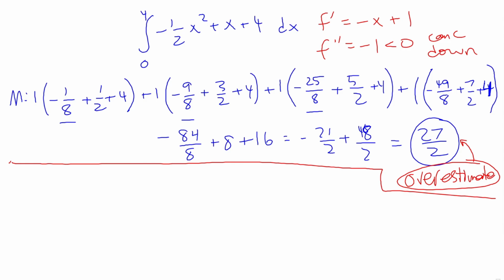All right, and for our trapezoidal approximation, we're just going to use our formula, right? B minus A over N divided by 2, and then times our first y value. So when we plugged in 0 to that, we just got 4. And then it'll be 2 times what we got when we plugged in 1 to that.